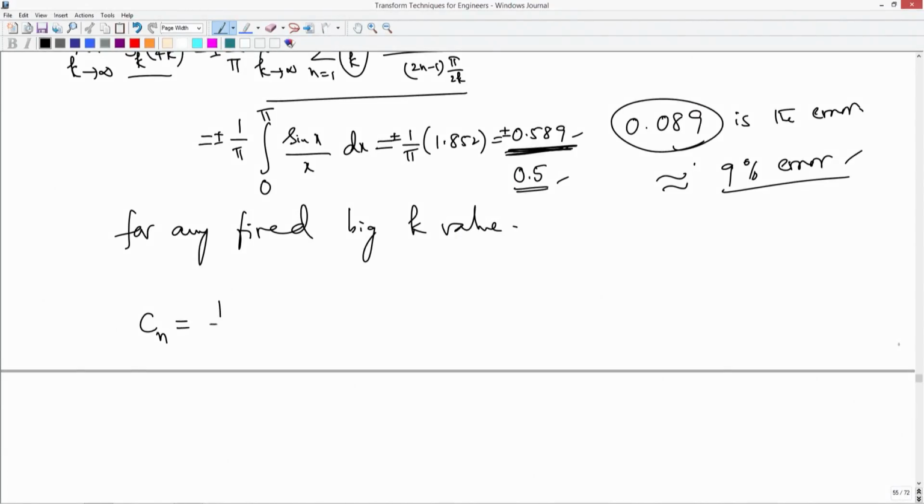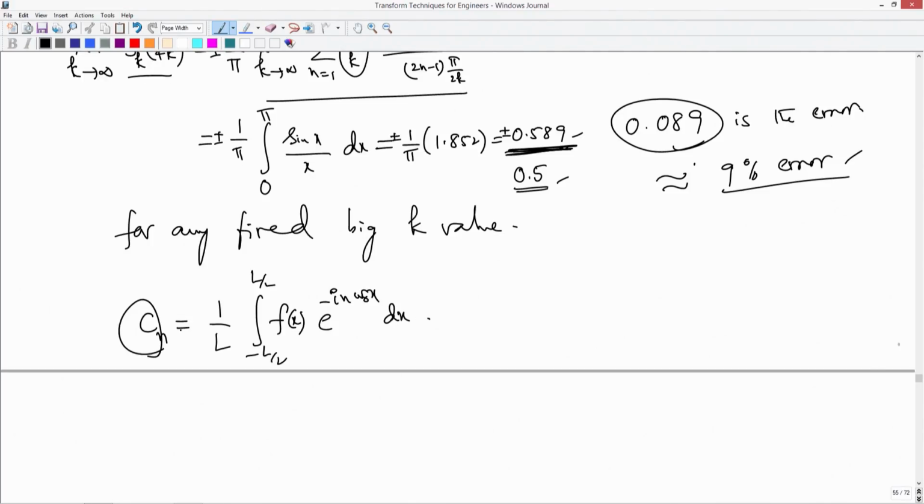In the next video, we will give you properties of the Fourier transforms. Basically, we have the Fourier coefficients Cn, which are 1 by L times the integral from minus L by 2 to L by 2 of f(x), the given signal, times e power minus i n omega naught x dx.